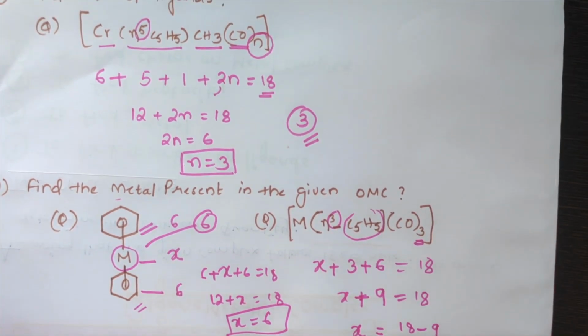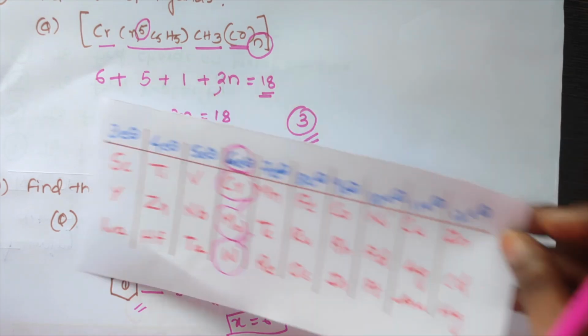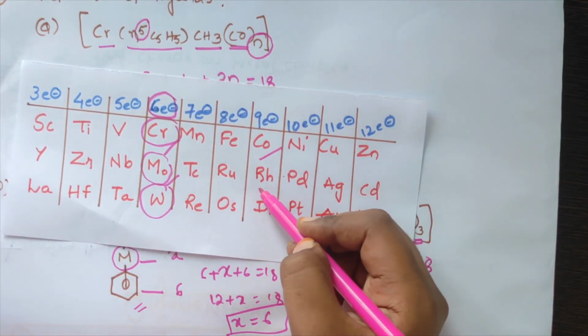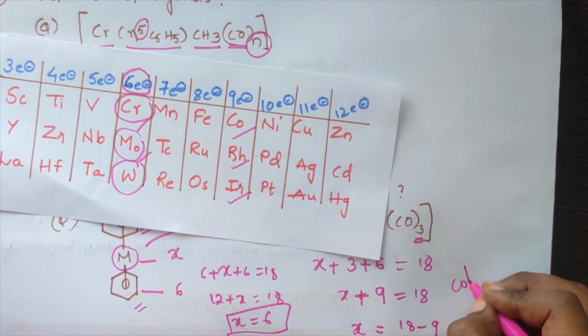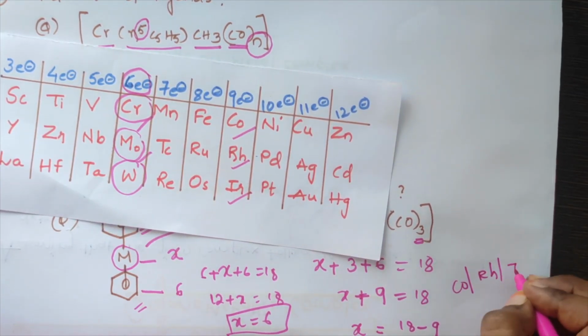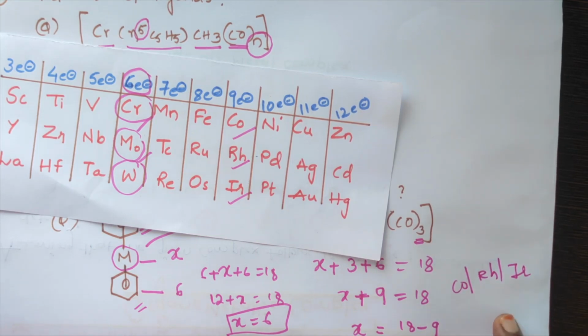The metal groups which donate 9 electrons are cobalt, rhodium or iridium. So the metal may be cobalt, rhodium or iridium. We should find the exact metal when the series of that particular group is given.